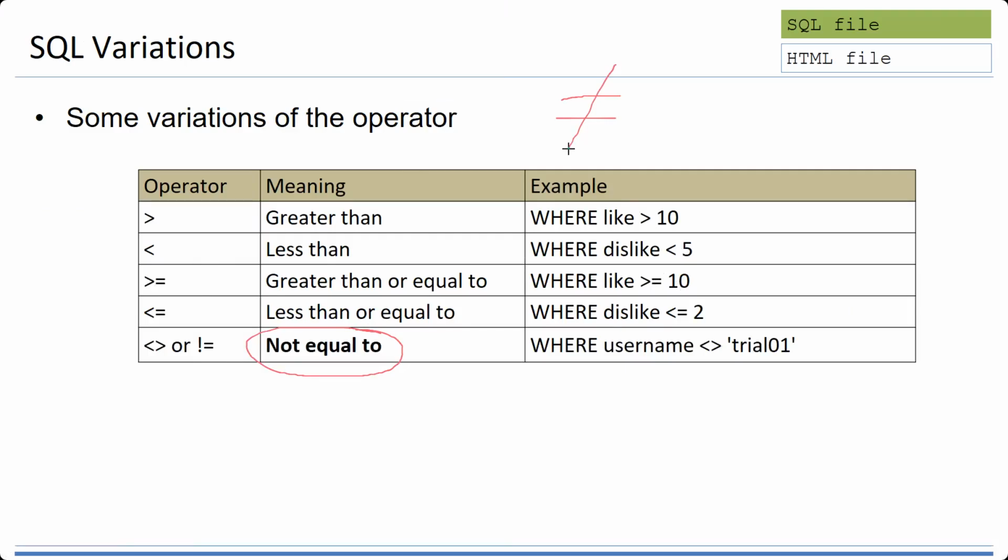But in SQL, it is impossible to use this command. So they provide this one, less than and greater than. This is not equal to, or using this one, exclamation sign equal. So these two represent not equal to.